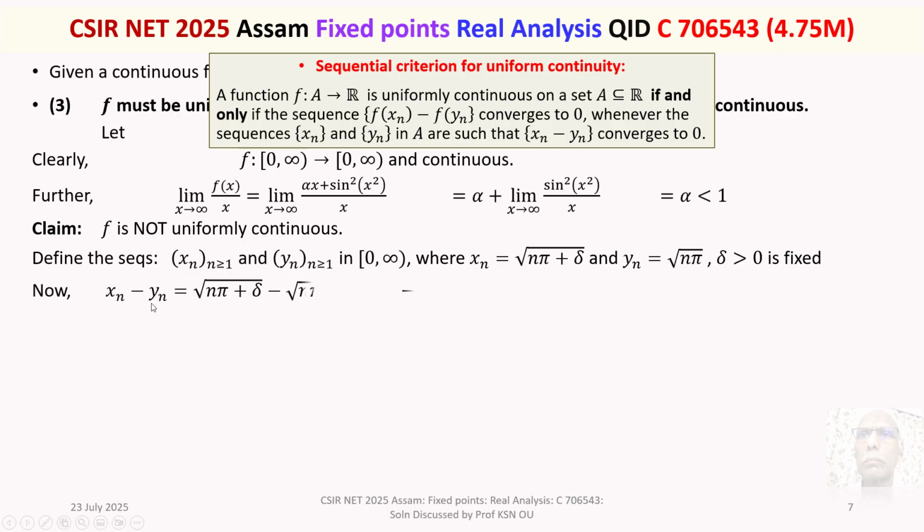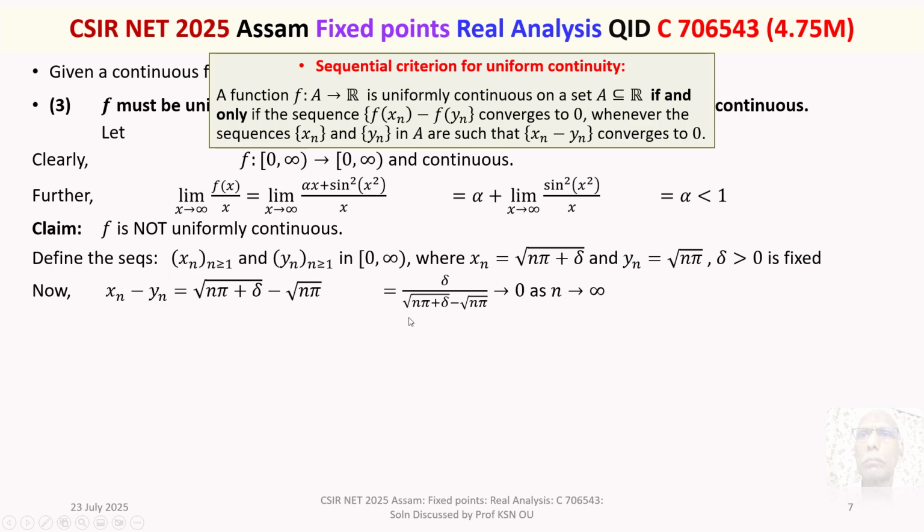Now xn minus yn is equal to the square root of n pi plus delta minus the square root of n pi. Rationalize the numerator: multiply and divide by root of n pi plus delta plus root of n pi. Then the numerator will be delta, because n pi plus delta minus n pi cancels.